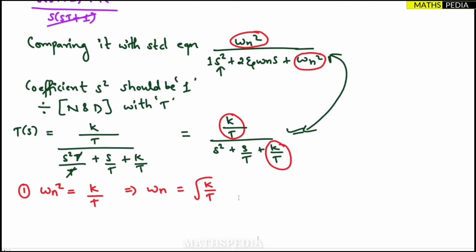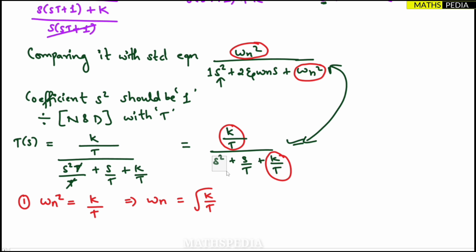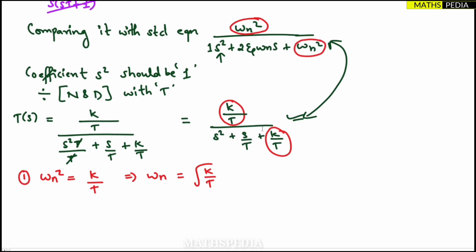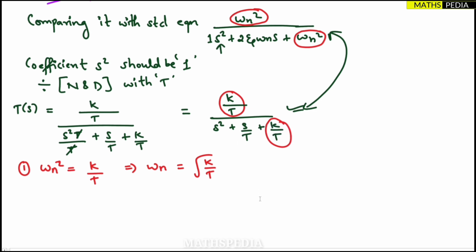Now s square, no need to compare, because the s square coefficient is 1 only. You have to compare the middle term so that you can get the zeta value. When you compare the middle term, 2 zeta omega n s, you are comparing with s by t. Now from here s and s get cancelled, so 1 by t is here. The omega n value you already got, which is nothing but root of k by t.